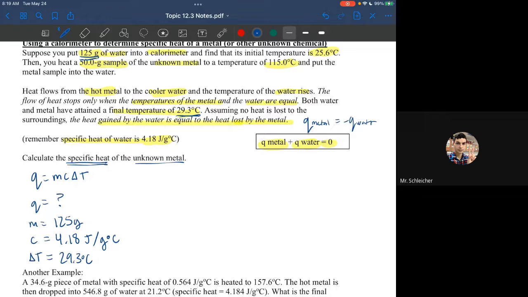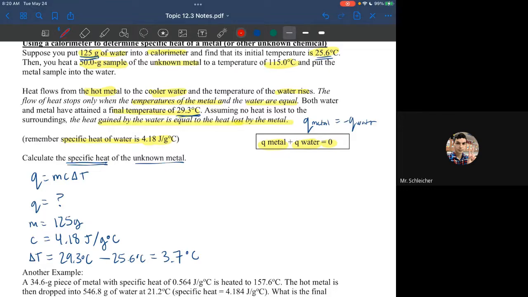And what was the initial temperature of the water? 25.6. So let's subtract 25.6 from that and get the change in temperature here. We get like 3.7 degrees Celsius. Okay, so that's our change in temperature.